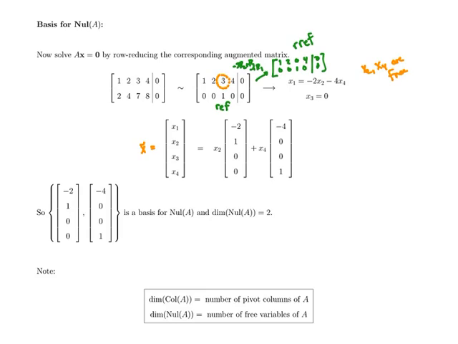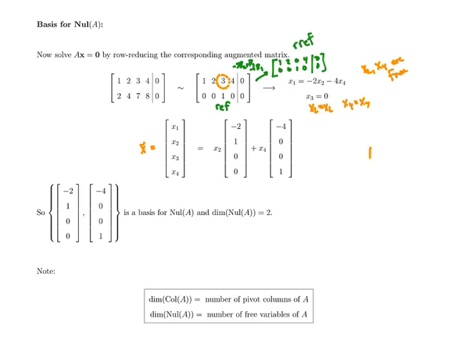And we can write x1 as negative 2x2 minus 4x4. x2 is just going to be equal to x2. And x4 is equal to x4. And x3 is just going to be equal to 0. And these 2 vectors are going to span the null space, and they are automatically linearly independent. So therefore, this is going to be a basis. And those 2 vectors give us the basis.